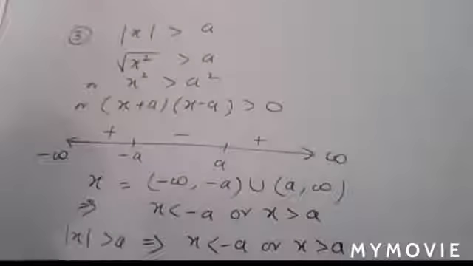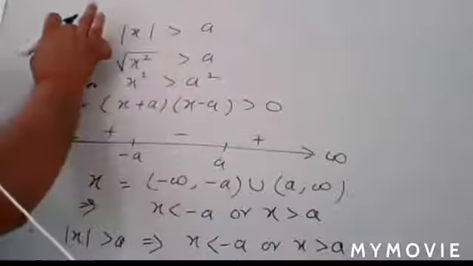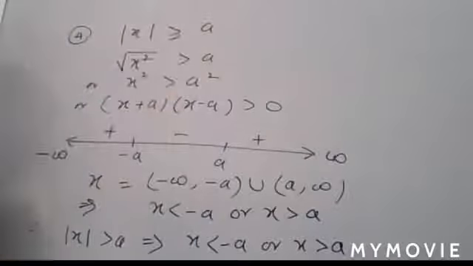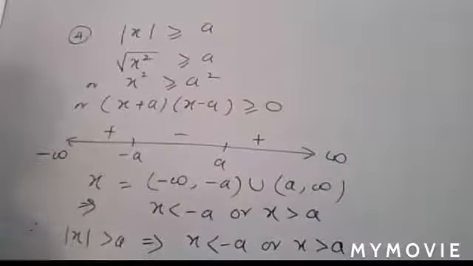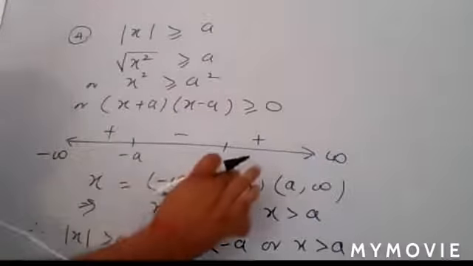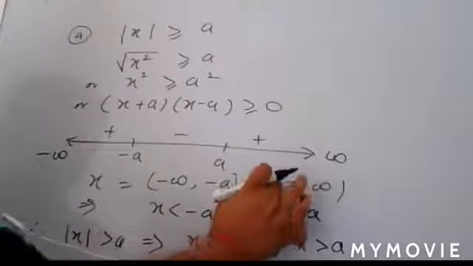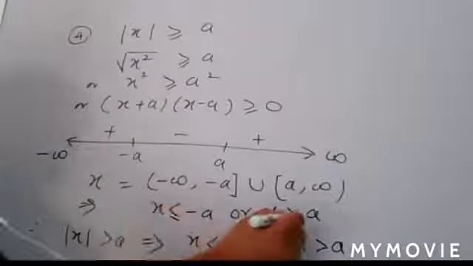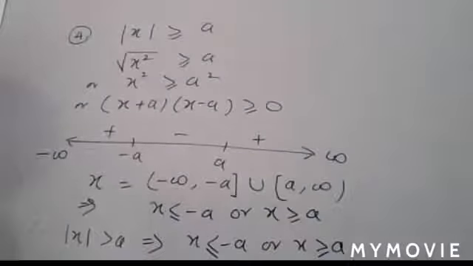Yes, sir. Now you write for equal to, that is your fourth result, mod of x is greater or equal to a. So here you have greater or equal to, and here you write close bracket, this side here you have close bracket. So in this way, just you correct it.